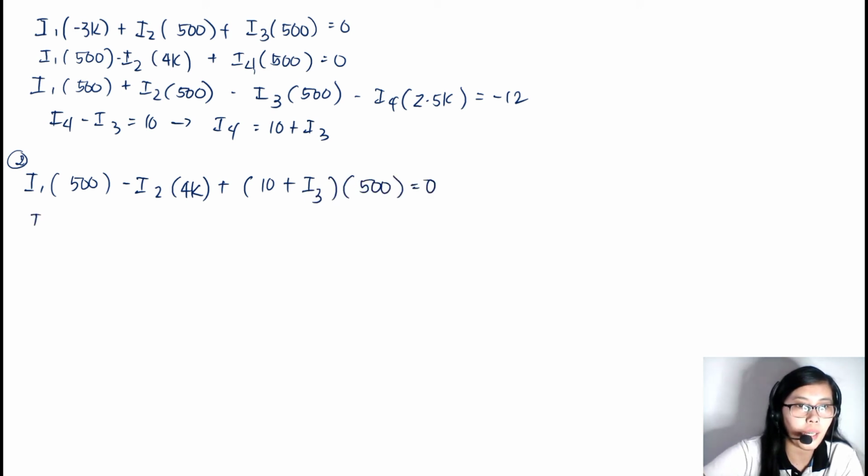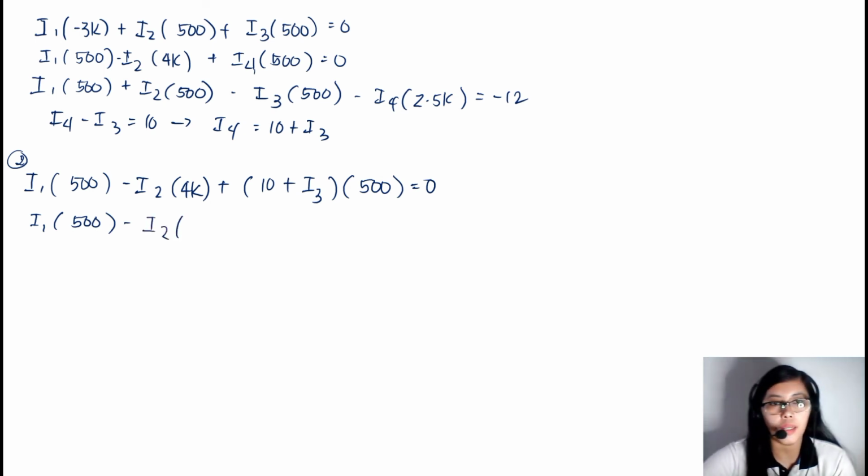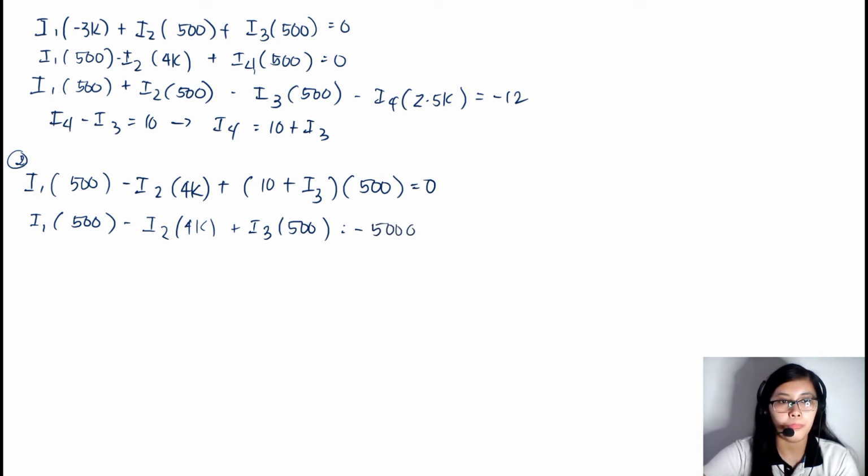So this will be I1 times 500 minus I2 times 4,000 plus I3 multiplied by 500. Then we have 10 times 500, then transpose to the other side. We have negative 5,000. So this will be our new second equation.